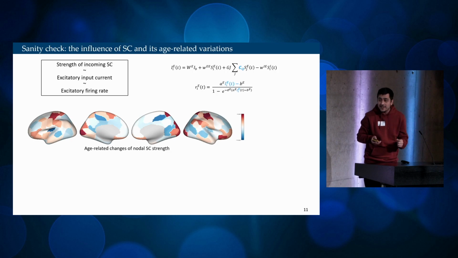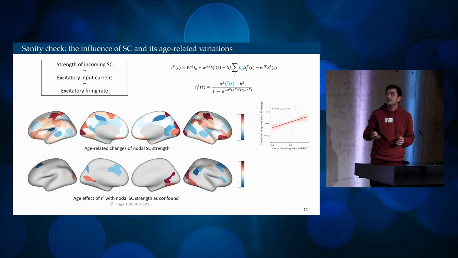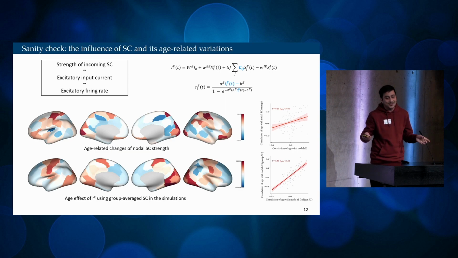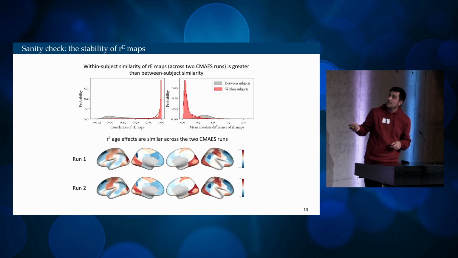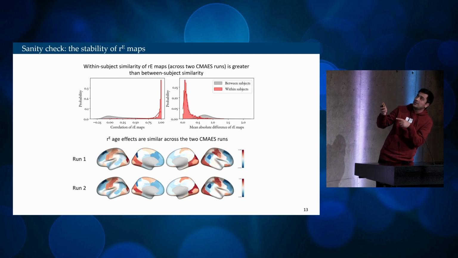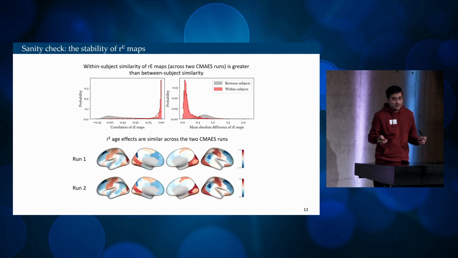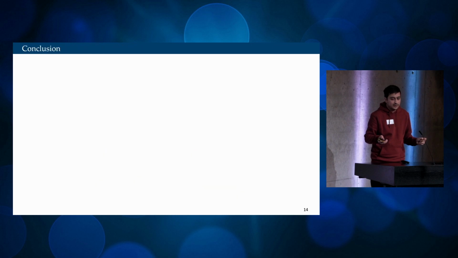And I have a bunch of sanity checks which I don't have time to get into, but longer story short, I wanted to make sure that these results are not affected by changes of the structural connectome through age, which they are not, or not entirely that. And then I also wanted to make sure that these are not just random, and repeated it in another run, not another run of fMRI, but another run of optimization, and observed a great deal of stability of the findings.